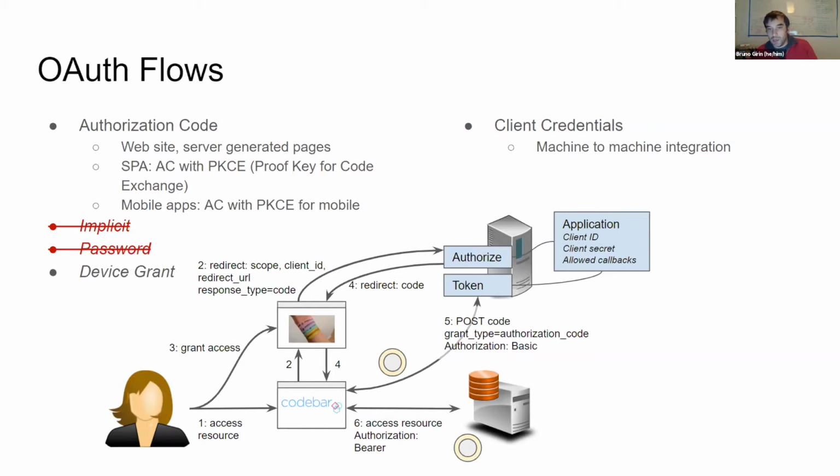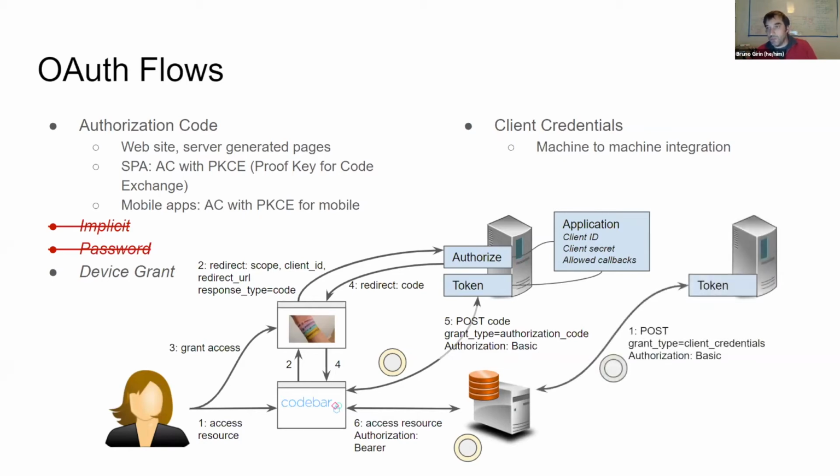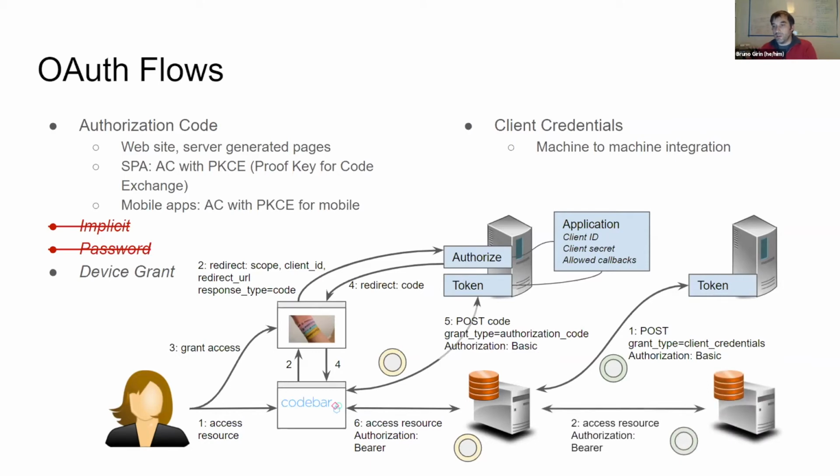What it does is it goes directly to the token endpoint of the upstream authorization server, sends it the credentials as basic HTTP authorization, and gets a different access token back, and it can request the resource available on the other resource server. That relies on the fact that your backend service is able to securely store access credentials for the other service.